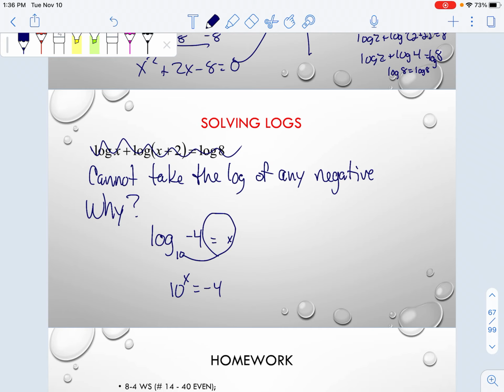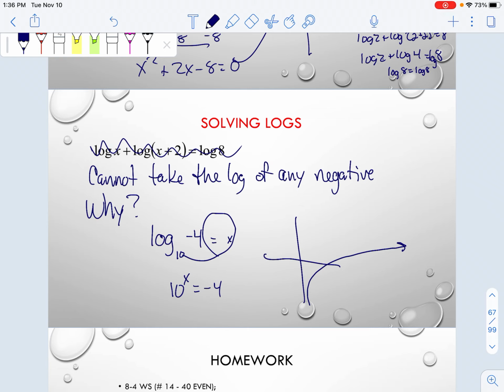If you look at the graph for the log of x, it goes like this. It's never negative. You can't take a positive base, raise it to a power, and make the answer negative. That is why you can't take the log of a negative, because there's no base that you can raise to any power to get a negative output.